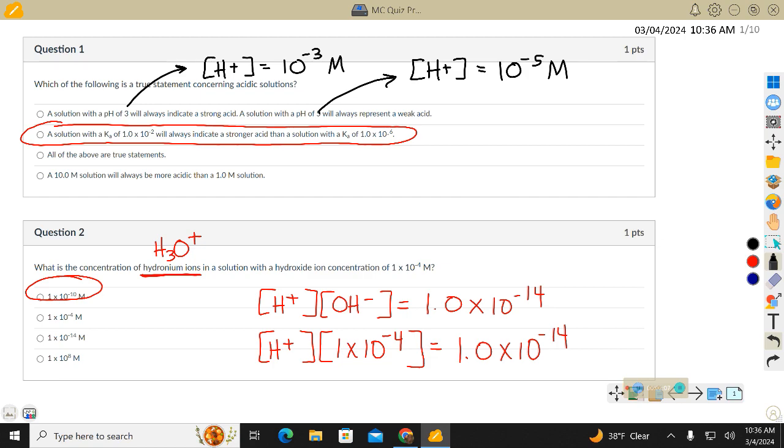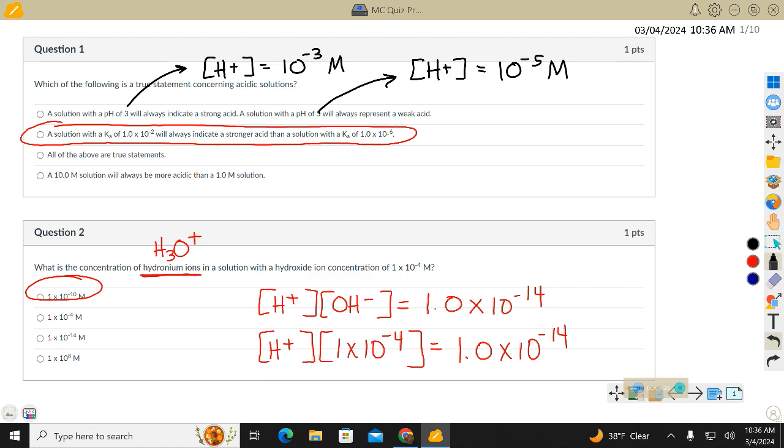We have to take all factors into consideration. What if it's a 10 molar solution of a weak acid? Then I'd have to know what percent of the weak acid does dissociate. Of that 10 molar solution, how much hydrogen do I really get?